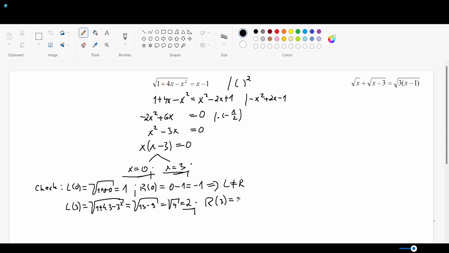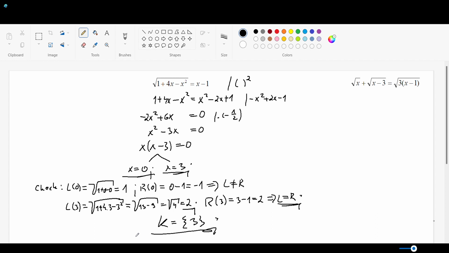So this is going to be 3 take away 1, which is true. So it means our left side is now equal to the right side, which means the solution of our equation is the set of roots, but basically it's only one root, so the only solution is number 3, because the check was correct only for number 3.